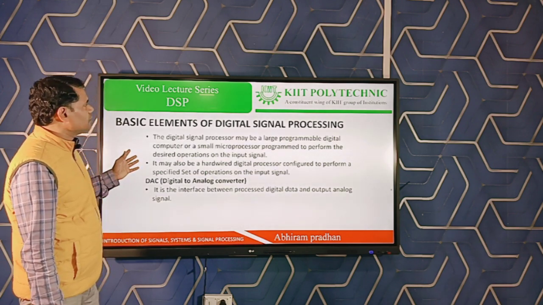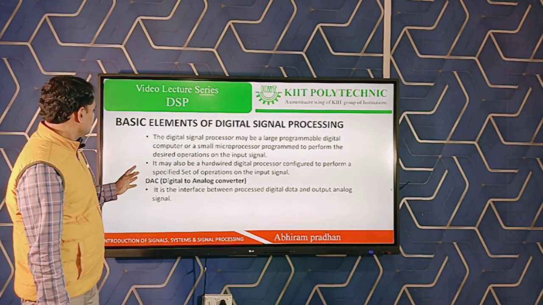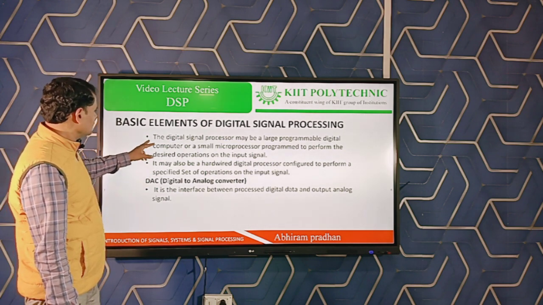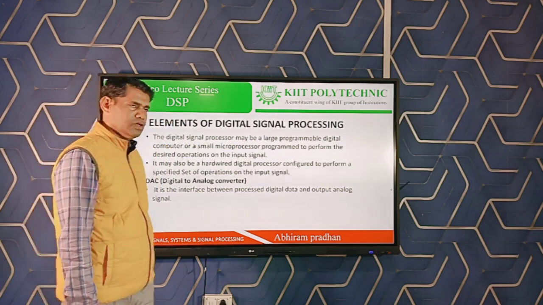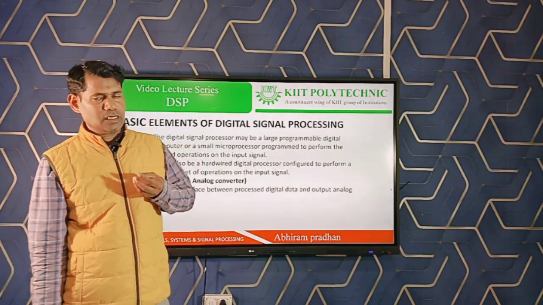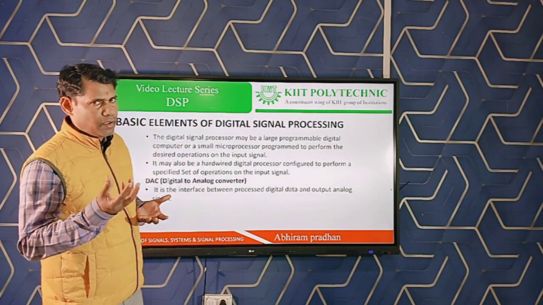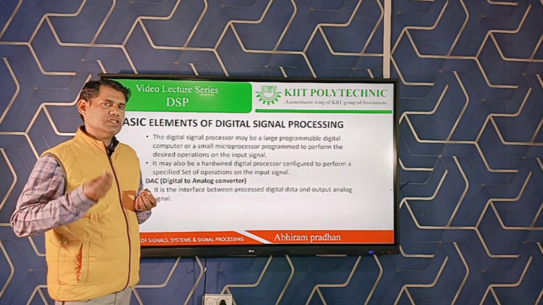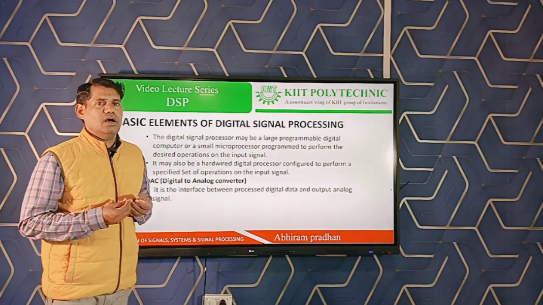The digital signal processor may be a large programmable digital computer or a small microprocessor, which is specifically programmed and can also be called a microcontroller.